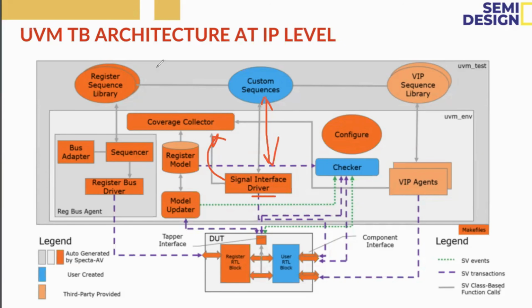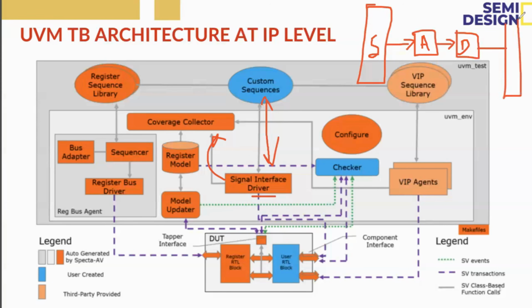In the register RAL model, we should have the register sequences. Here the sequences will be generated. Whatever the register sequences are, the adapter will convert the register sequence into the bus sequence, and it is given to the driver. From the driver, it will send to the DUT.